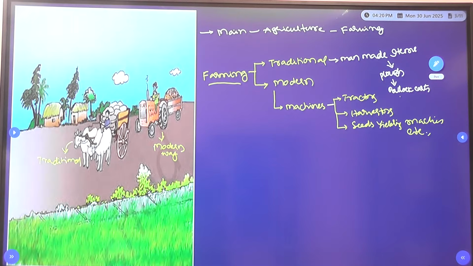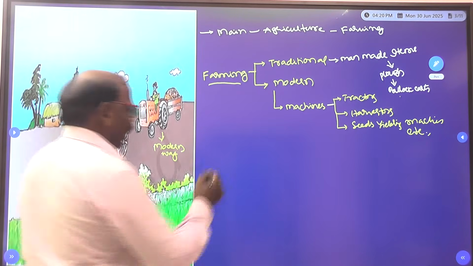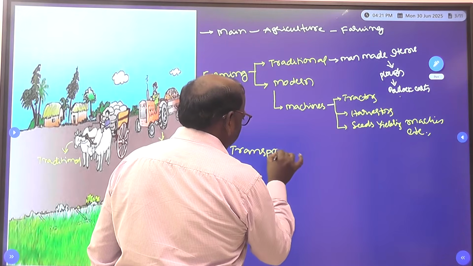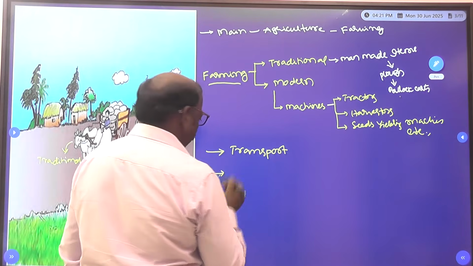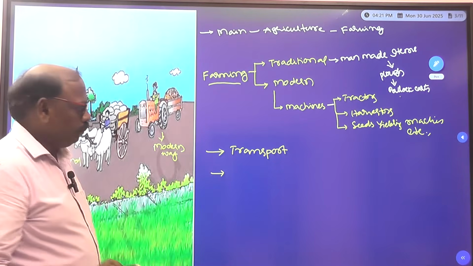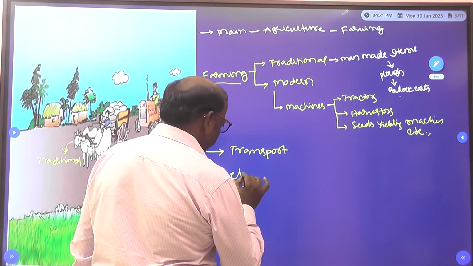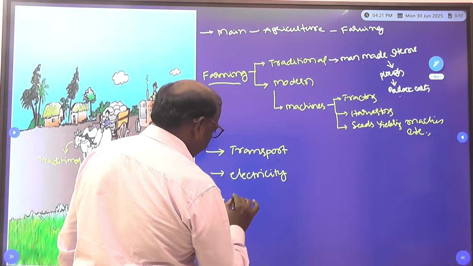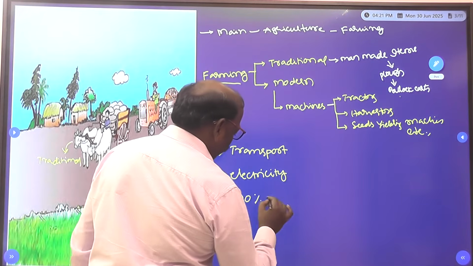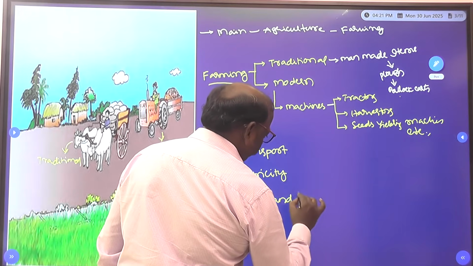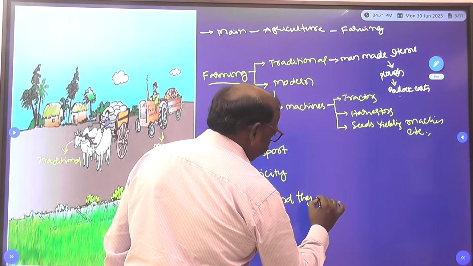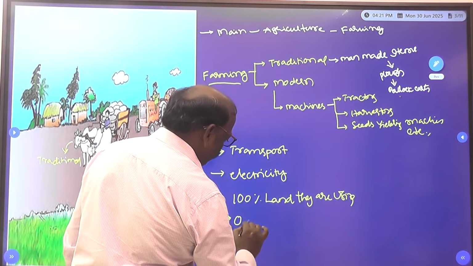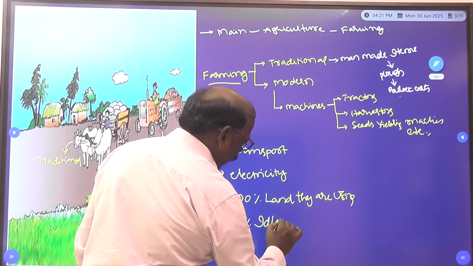Their main activity is agriculture, and they are also transporting goods from one place to another. Palampur is very good at transport. Next, Palampur is very good at electricity, and they are using 100% of their land. 0% is idle.